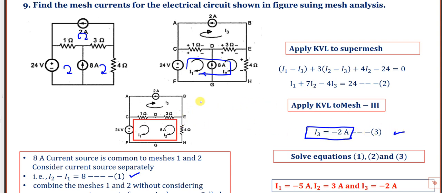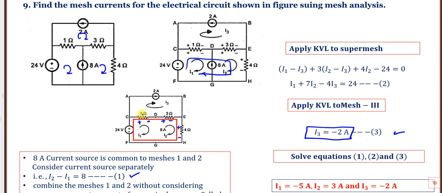We said three unknowns means three equations are required. Now two are over. One more equation you can get by writing KVL for the super mesh. Consider plus and minus signs, and you have to consider original currents I1 and I2 in these two elements.